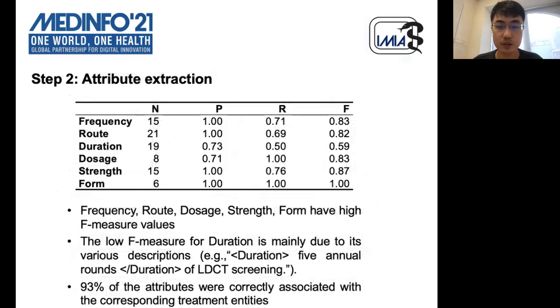For the attribute extraction, frequency, route, dosage, strength, and form have high F measures, all with a value above 0.8. The duration attribute has a low F measure, possibly because of its various descriptions. For the attribute association, around 93% of the attributes are correctly associated with the corresponding treatment entities.